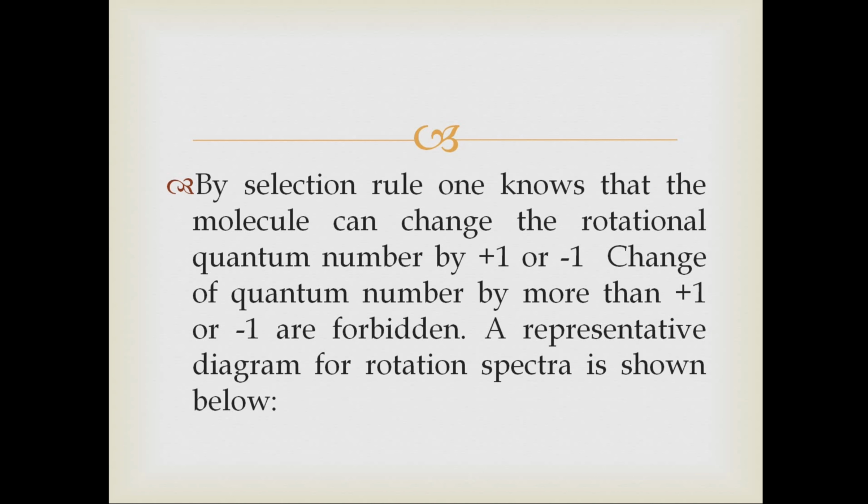Only a change of quantum number by plus 1 or minus 1 is allowed. That is, when the molecule goes from one level to another, the change should be only either plus 1 or minus 1, that is, it can go to the neighboring level above or to the neighboring level just below the particular level in which the molecule is considered.